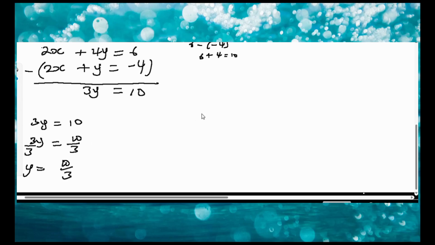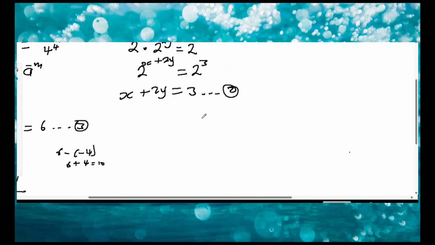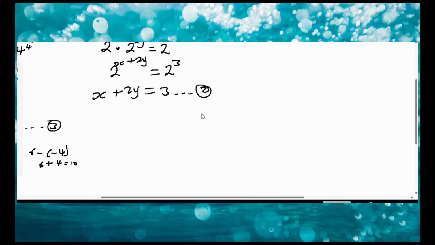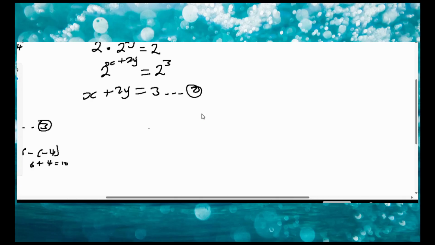Having gotten the value for y, we can do some substitution here. We're going to substitute the value for y into any of the equations to get the value of x. Let us put y equal to, what did we get for y? 10 over 3, into equation 2.